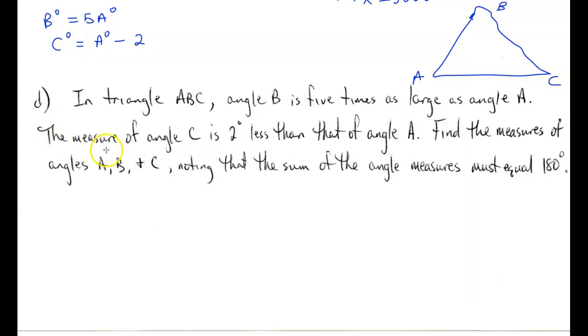We want to find the measures of angles A, B, and C, knowing that the sum of the measures must equal 180. So here we know that angle A is the unknown.